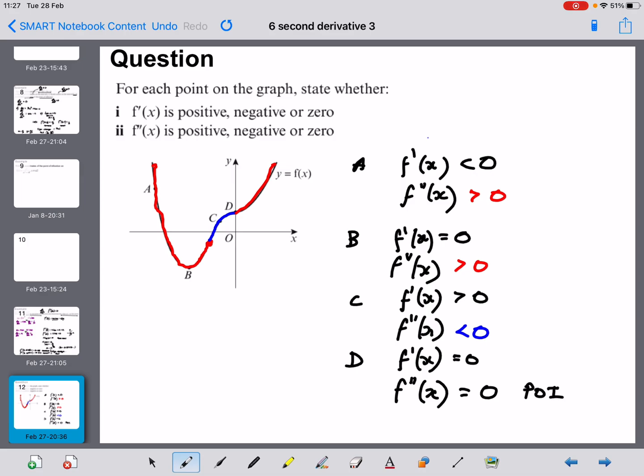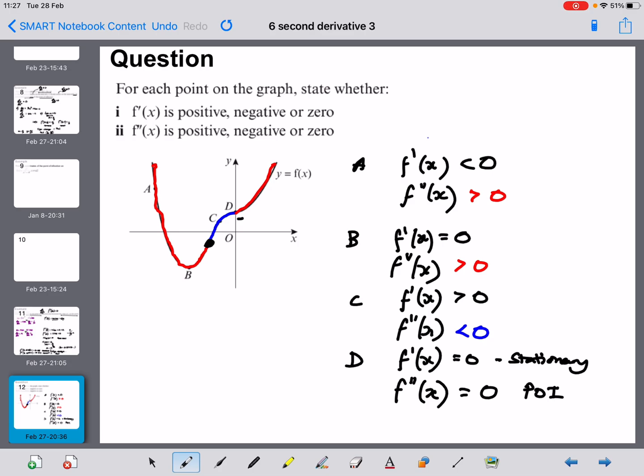It's also, because that is equal to 0, a stationary point of inflection. Okay, so it's stationary and a point of inflection. It's likely that the other point of inflection is about there. So where the graph is changing from convex to concave, there will be a non-stationary point of inflection, roughly there.